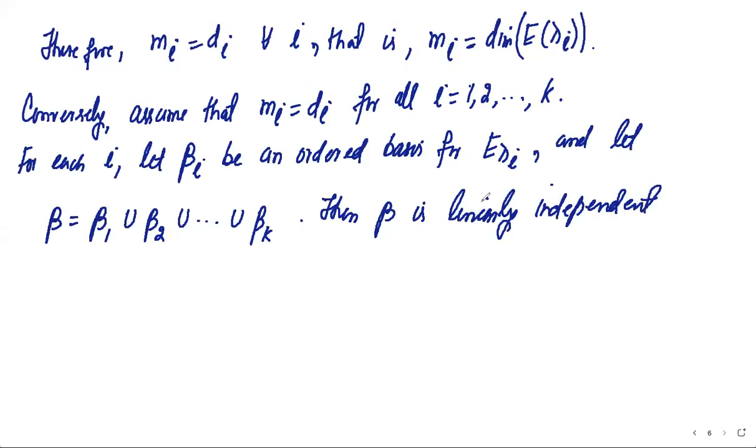Now, here in this theorem, beta 1 is a basis of E lambda 1, so beta 1 is a linearly independent set. Beta 2 is a linearly independent subset from the eigenspace corresponding to lambda 2. Beta k is a linearly independent set from the eigenspace corresponding to lambda k. So therefore, their union is a linearly independent subset of the vector space V.